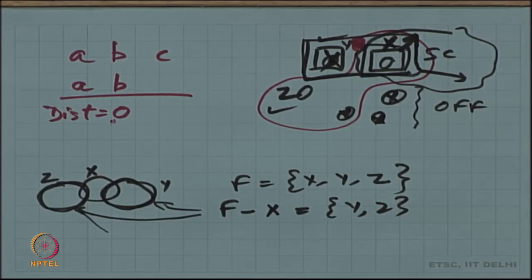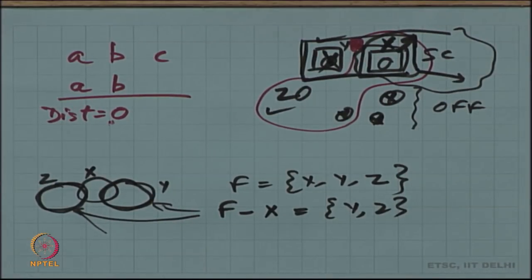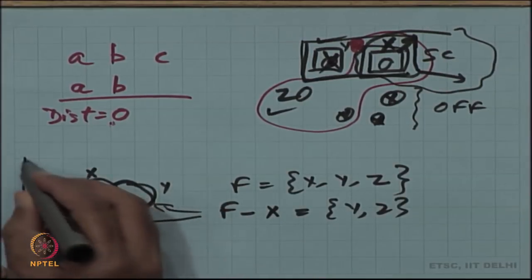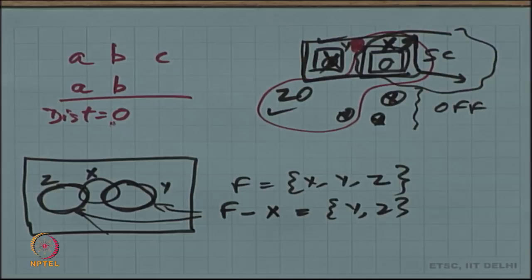So, that is my f minus x. I take the complement of f minus x. Complement with respect to set means what? What is the complement in this picture of f minus x? Each is seen as a set. X is a set, y is a set, z is a set, and formally complement is defined in terms of a universal set, everything other than that.